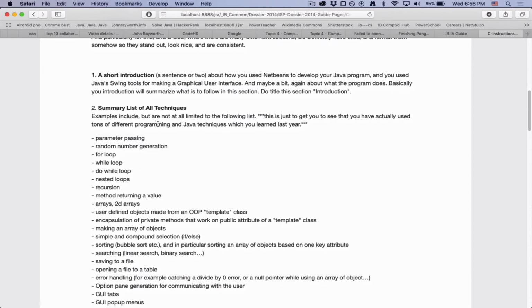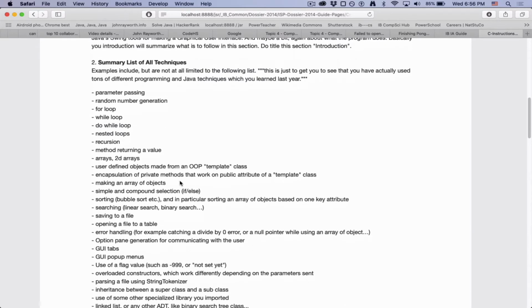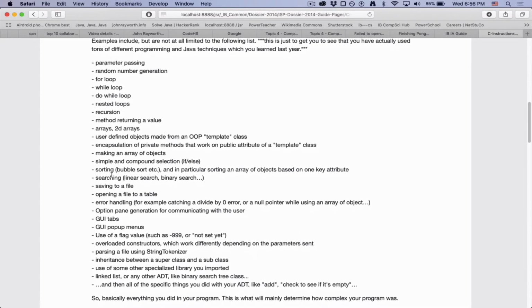Definitely make some reference to the techniques that you used. This used to actually be a requirement in the two previous versions of the IA, where you had to come up with 10 of the 15 that were listed. So it's a little bit of a follow-on from that. You don't have to do it, but I would suggest it. And I would suggest that most of you can take these and copy and paste them.